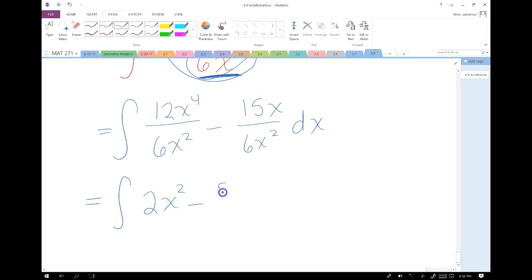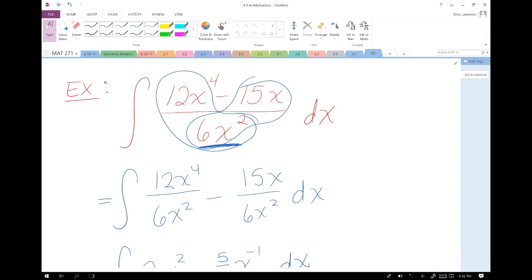That's 5 halves x to the negative 1, or you could write it as 1 over x. It's up to you. So we can fix that one as well, and it's because there's only one term in the denominator. That's the key.